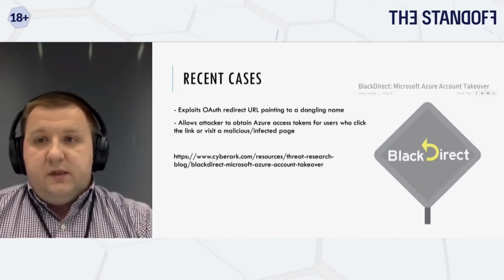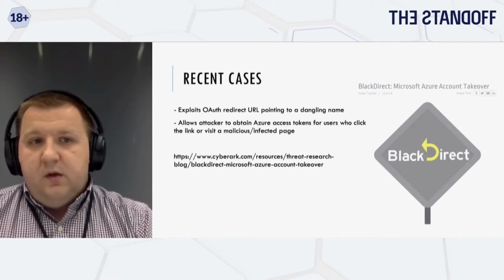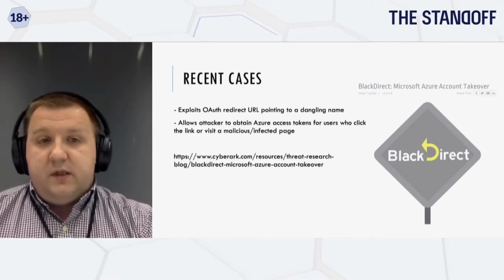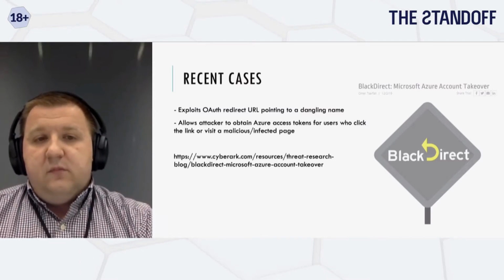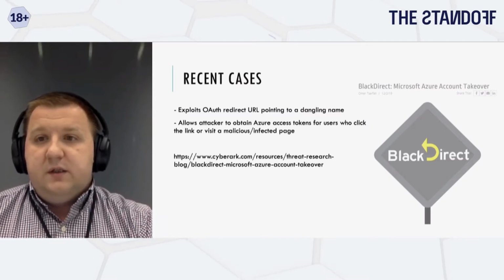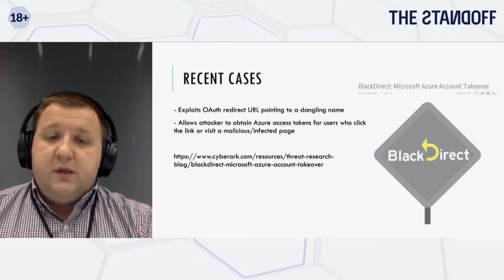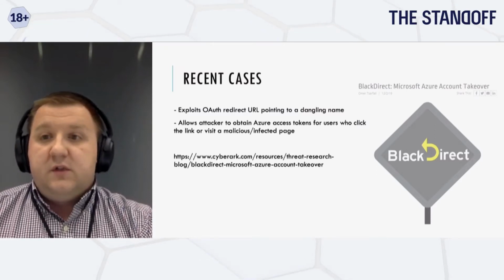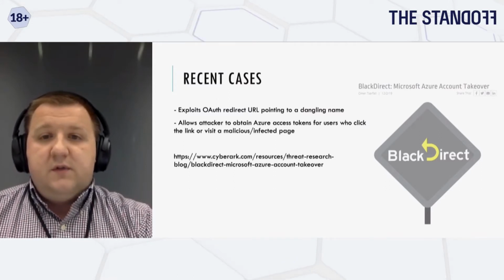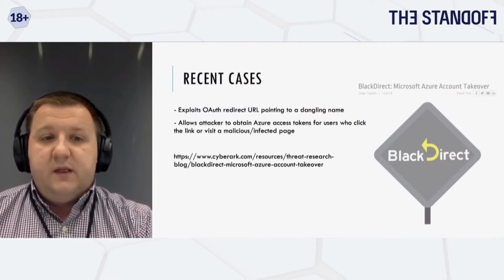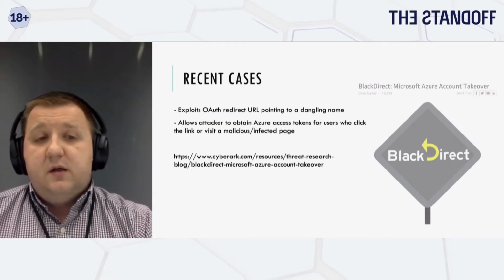So one of these cases is associated with Azure, and it took place about a year ago. And it is actually an OAuth redirect URL. So it was actually pointing to a recently freed up Azure resource name.